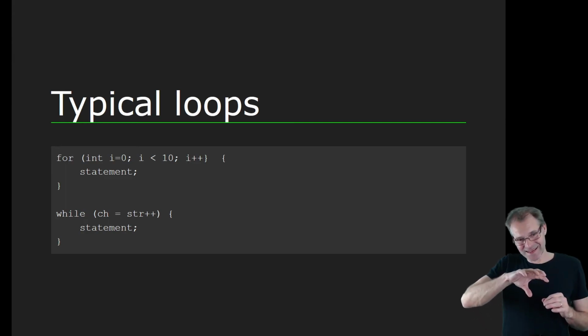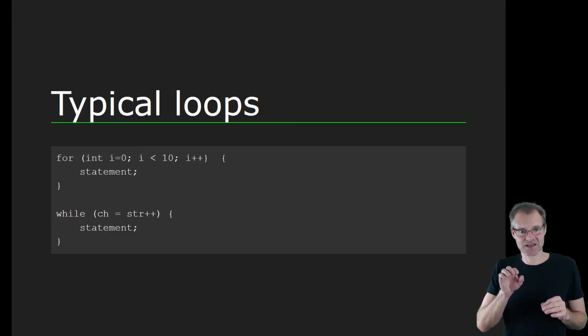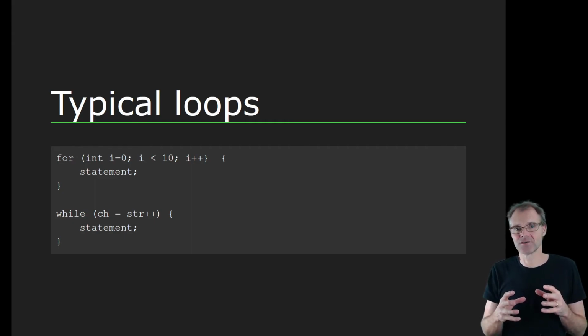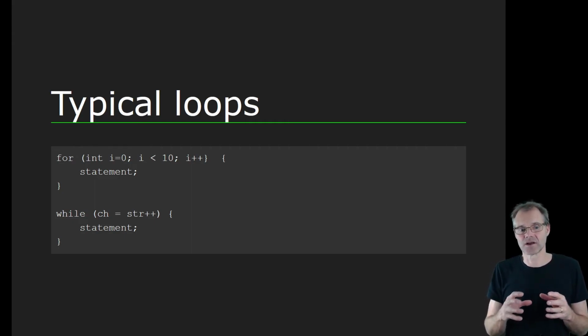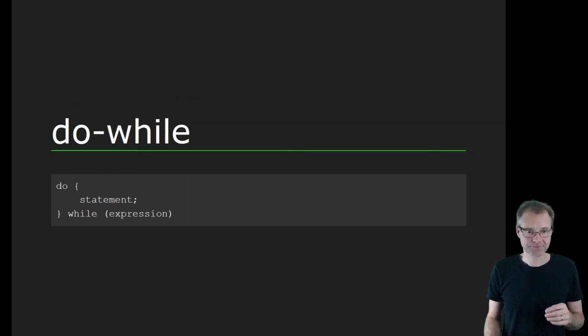At least this is the while construct: as long as this character assignment of the string plus plus is providing a value that is not 0, then it will move on and continue. And as soon as it gives a 0 value, then it will remove itself from the loop construct.